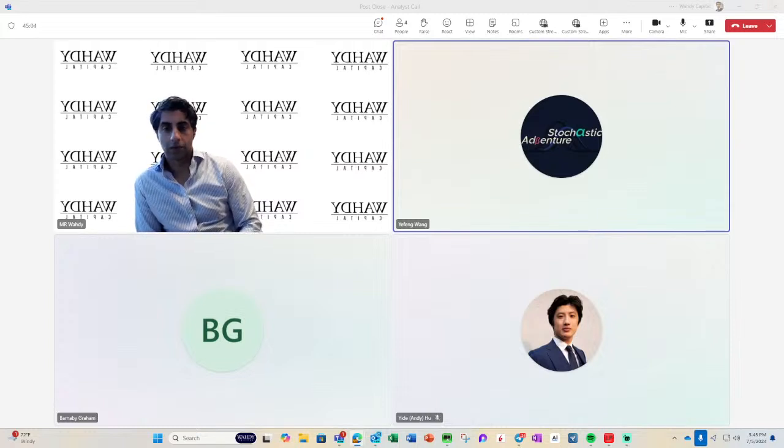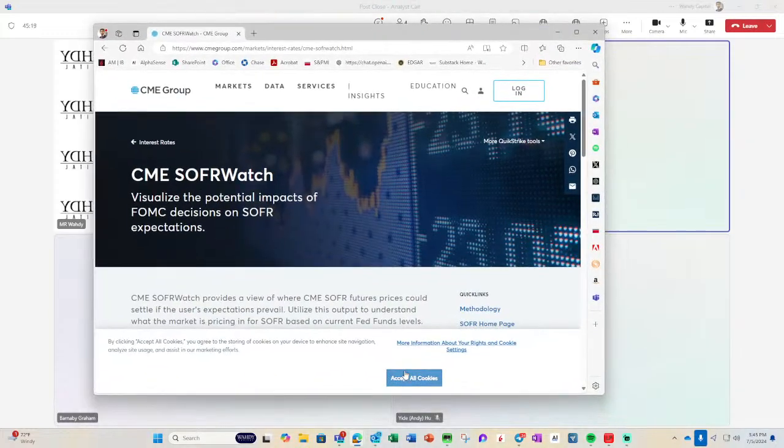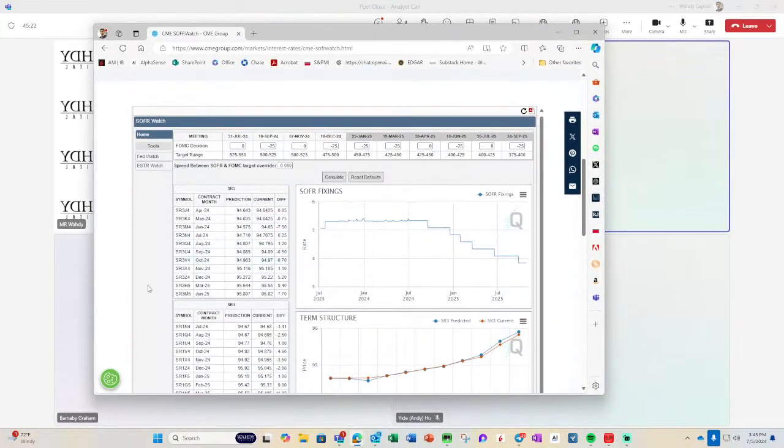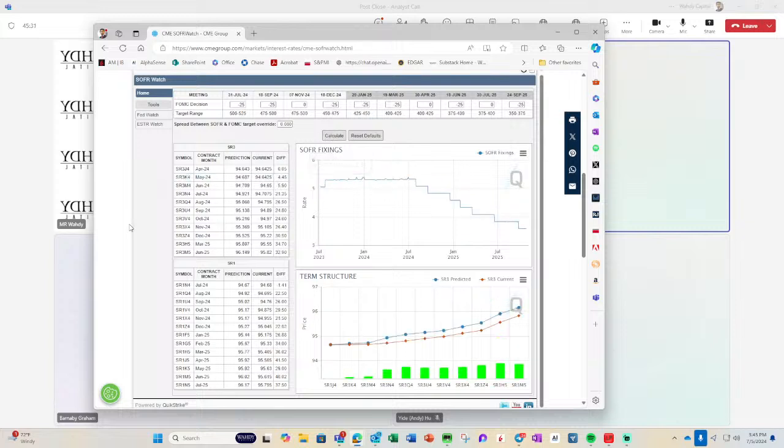CME provides a really useful tool to help us do that, called SOFR Watch. You put in your estimated scenario, for example a July cut and a September cut, and the application will run a simulation and give you a number for where the SOFR September contract will be trading, and that can help you design structures to capitalize on.